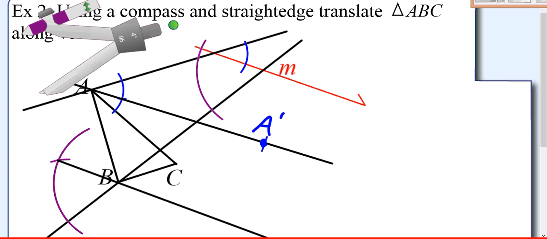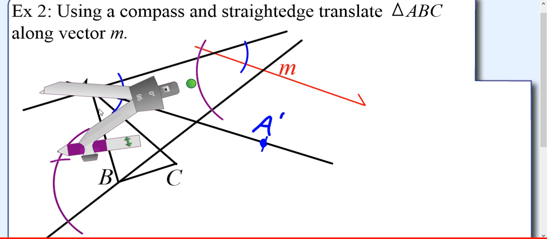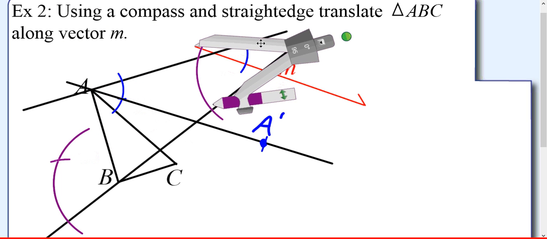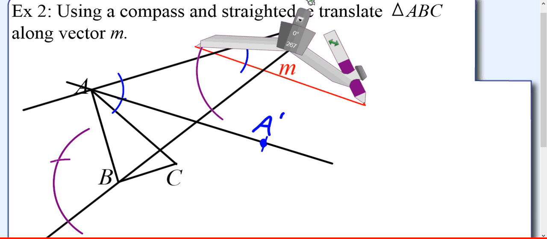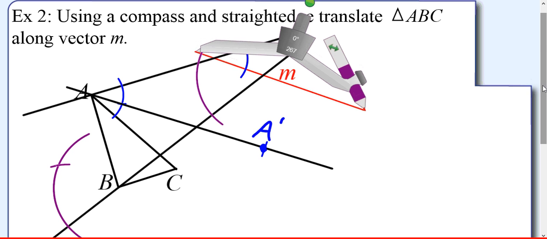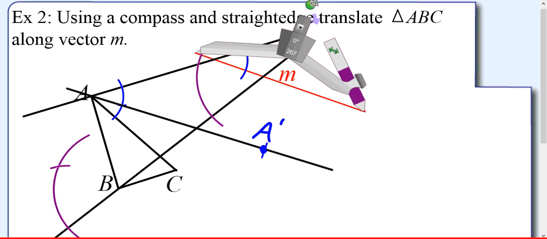Now we've got the parallel. Now we need the length. Again, measure that vector with your compass, and that's how far we're moving.